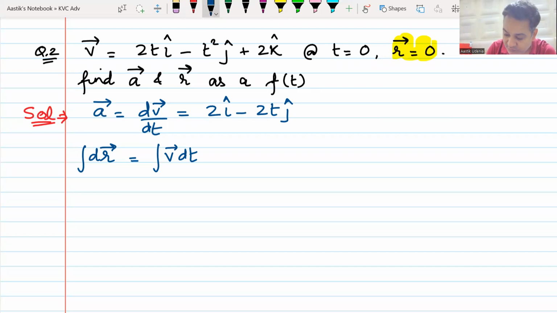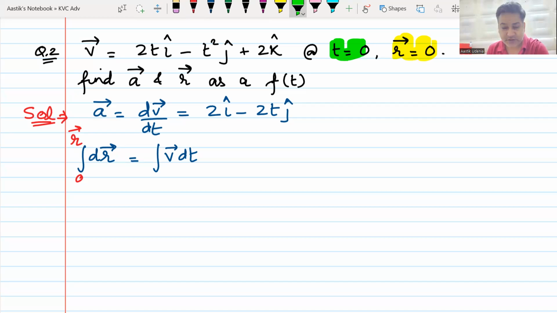So I put the lower limit as 0 and the upper limit as r vector. Do we understand this? Yes or no? Shruti, you wrote t in the answer, that is why I asked you this. 0 to r vector is the limit of dr vector.